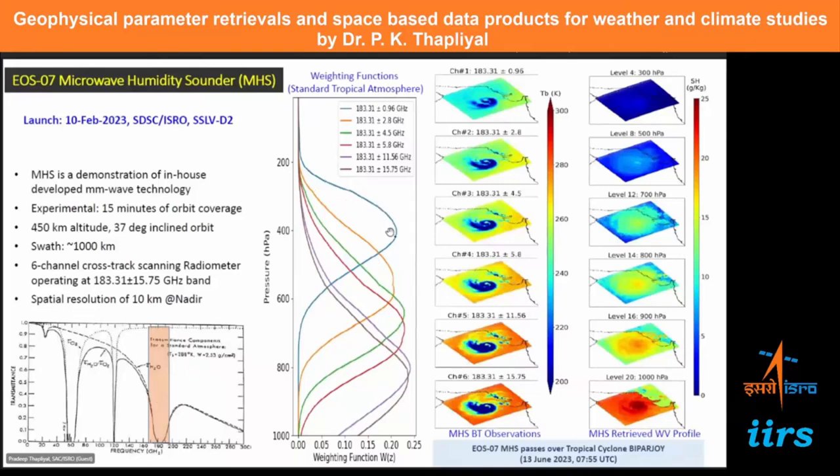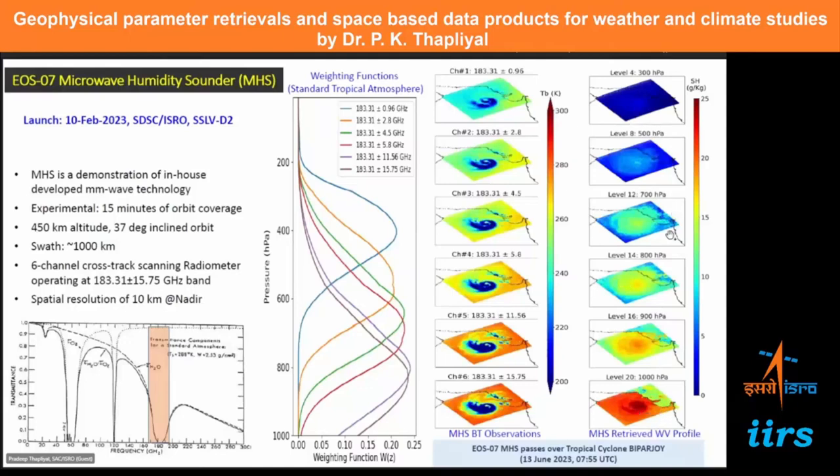So for these 6 channels you can see the weighting functions, starting from near surface to top of atmosphere, and they provide you brightness temperature emanating from different layers in the atmosphere. This is top of atmosphere, and this is the surface layer, lower layer, and then from these six brightness temperature informations, you can retrieve humidity in different layers in the atmosphere.